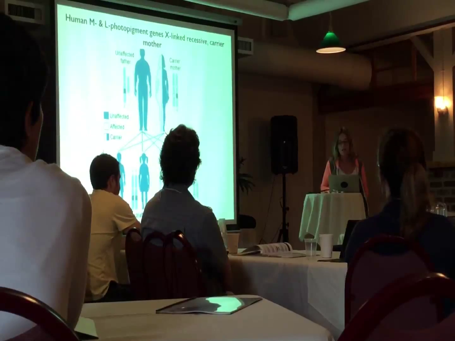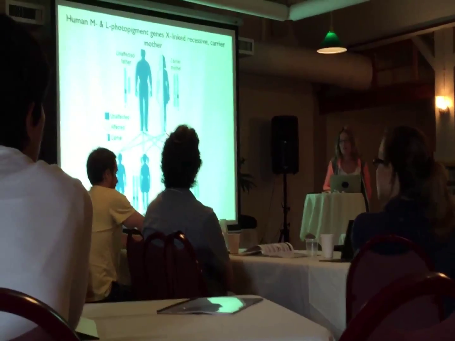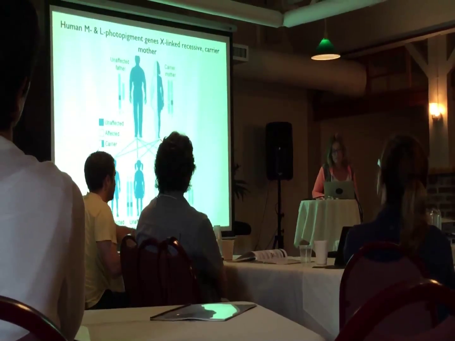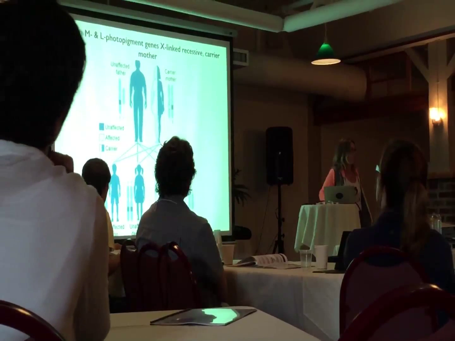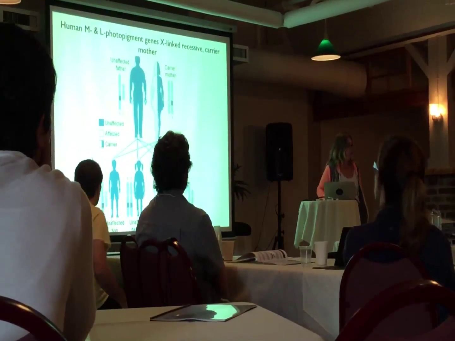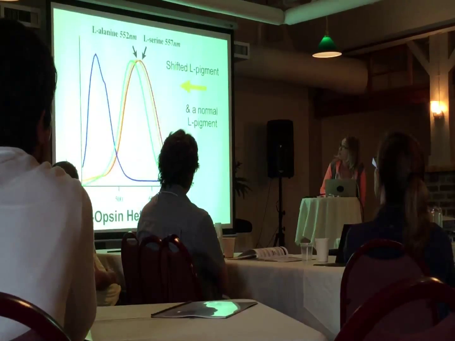We also know that the long and the medium wavelength sensitive cone types are inherited by way of X-linked recessive types of mechanisms, so that a mother who carries a polymorphism or a mutation is obligated to pass it on to her son and may pass it on to her daughter.